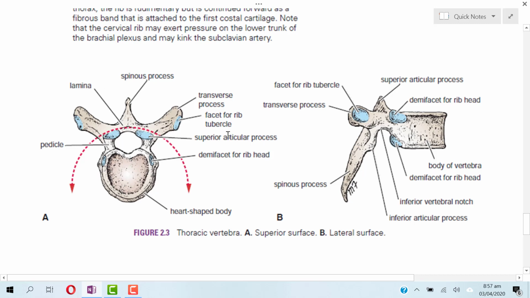Then this is the posterior end. Why is this posterior? Because all the processes are present at the posterior end. Then this is the superior surface because the spine is in the opposite direction, below, so this one is the inferior surface. This was the side determination, telling the anterior and posterior and superior and inferior surface.